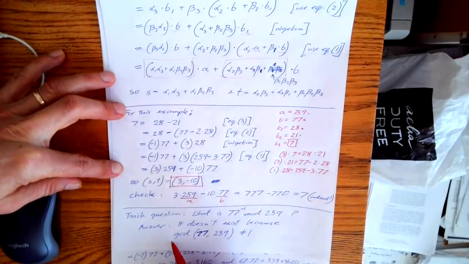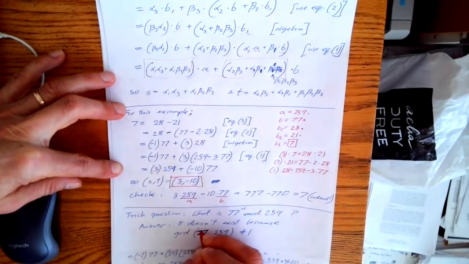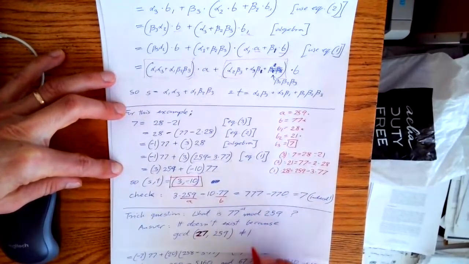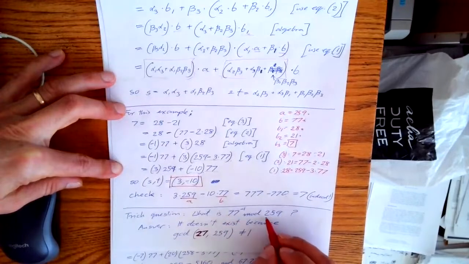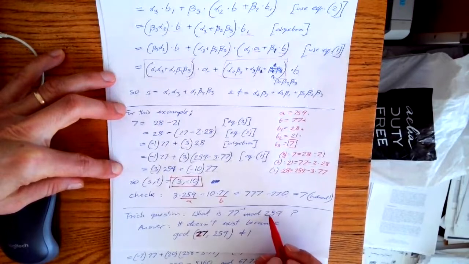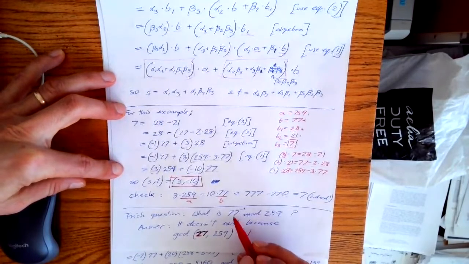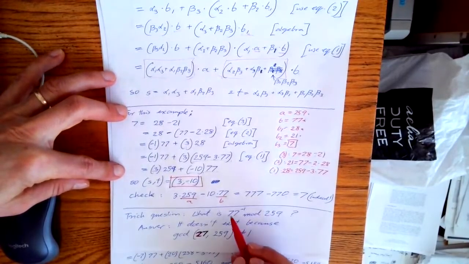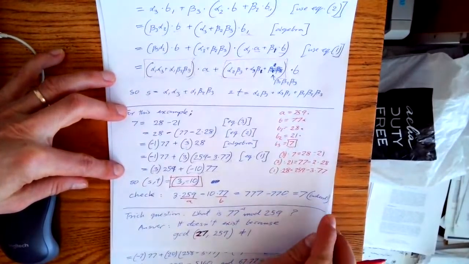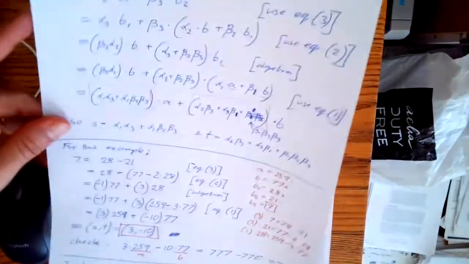Well, it doesn't exist because the GCD of 77 and 259 is not 1. 77 is not coprime with the modulus, so it doesn't have any multiplicative inverse, right? It's like your homework last week, where you did multiplications mod 8, and you noticed that all the even numbers don't have multiplicative inverses because they're not coprime with the modulus. Now that's the fate of 77 mod 259.